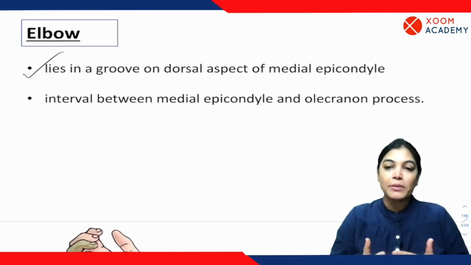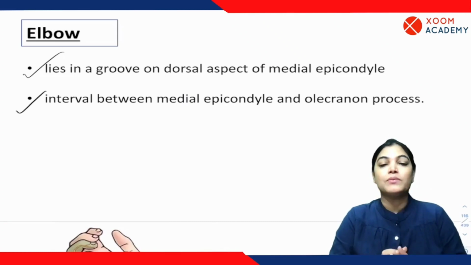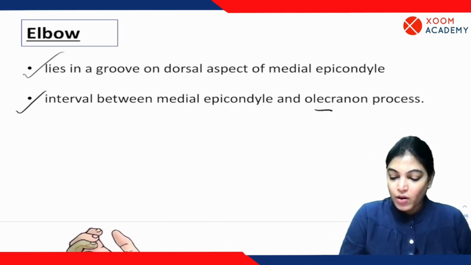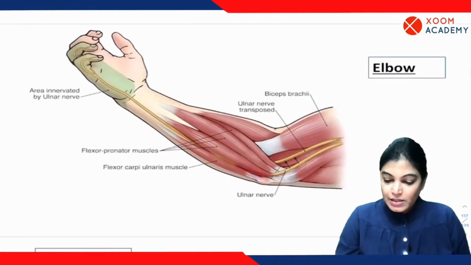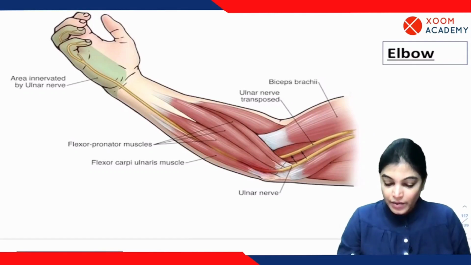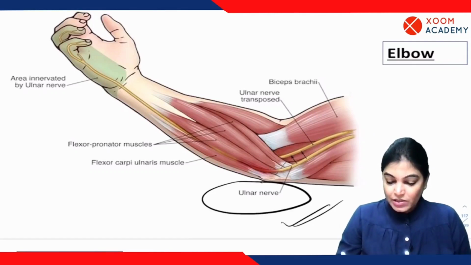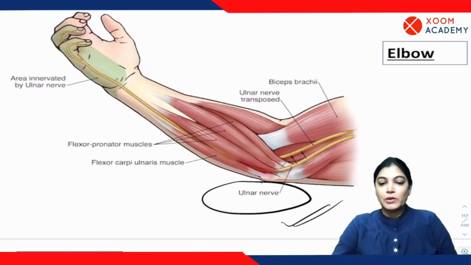Further, in the other image which I have highlighted, I have shown you that it traverses thereafter between the medial epicondyle and the olecranon process of the ulna. The same thing is shown here again at the level of the elbow joint. As you can see, it is traversing in between the olecranon process and the medial epicondyle.